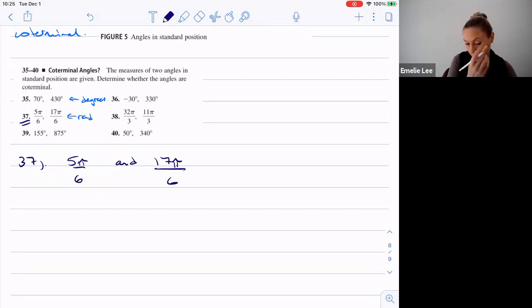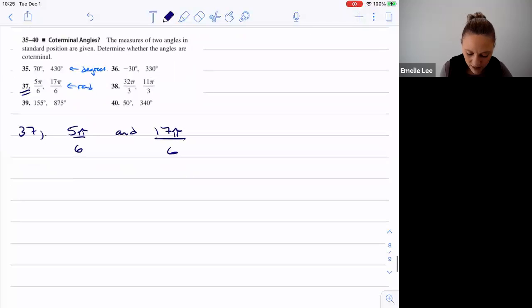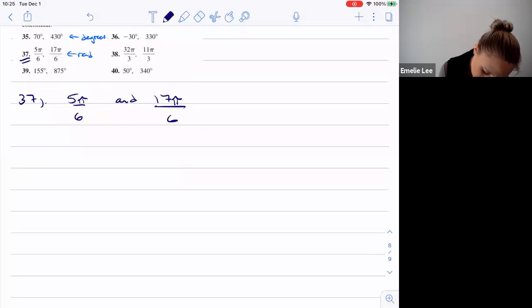We can draw our 5 pi over 6, right? This takes us back to our reference numbers, which would be pi over 6 in the second quadrant. So here I can draw, maybe I'll do it nice and big here.